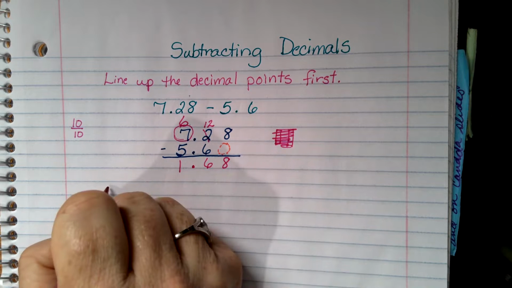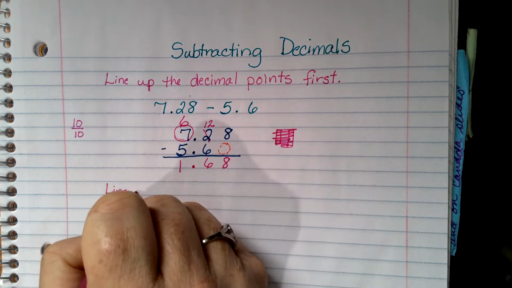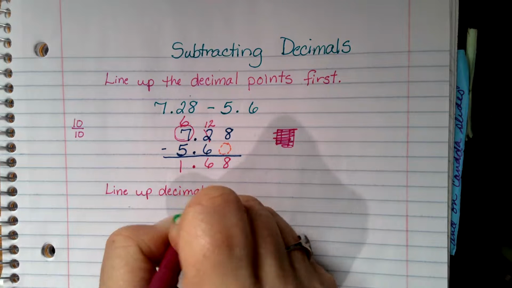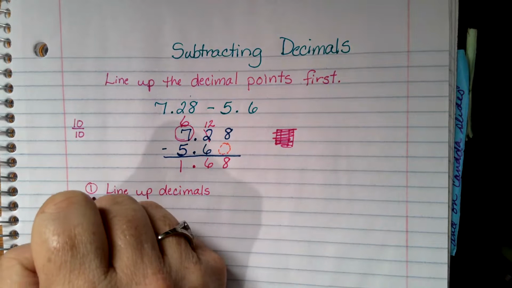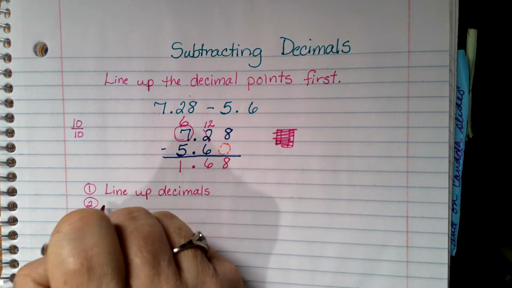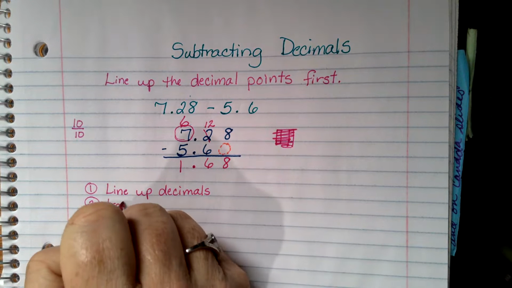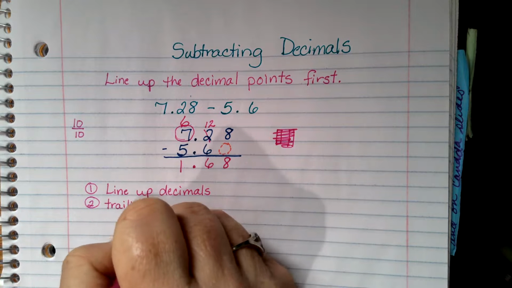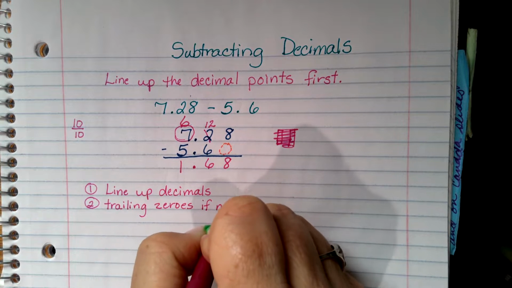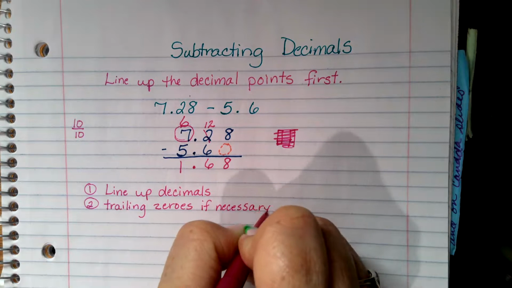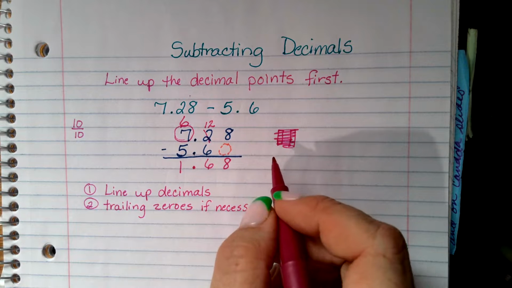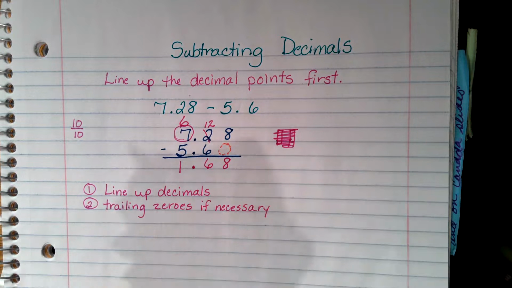Step 1 is always going to be line up decimals. Step 2 is to put in trailing zeros if necessary. Step 3 is going to be start on the far right or the smallest place value and begin subtracting.